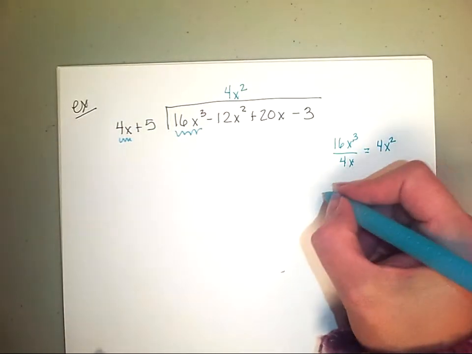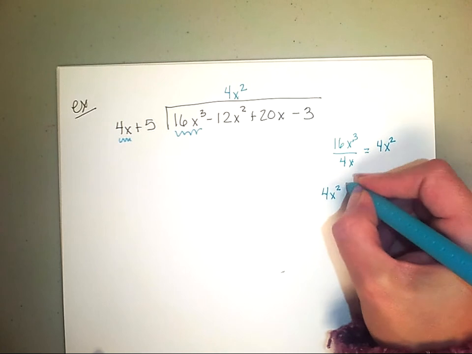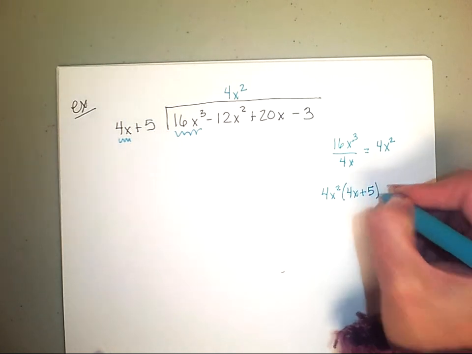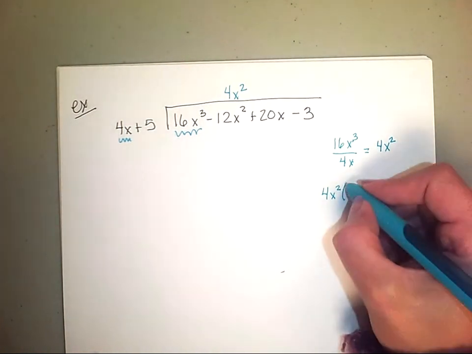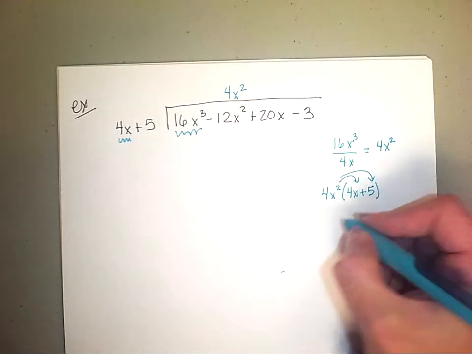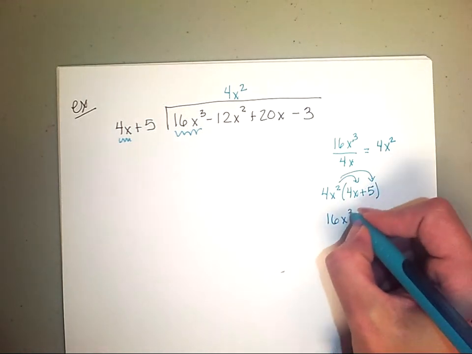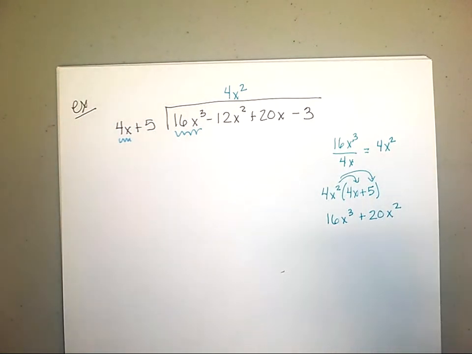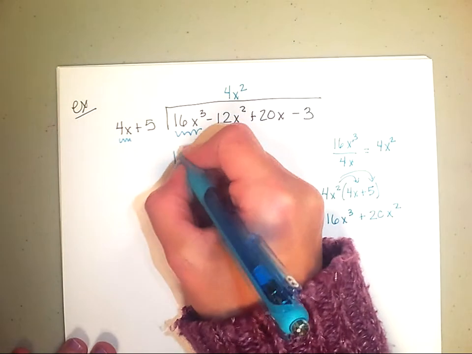And then we take this times this. 4x squared times 4x plus 5. And then distributing this through, we get 16x cubed plus 20x squared. So that goes up here.